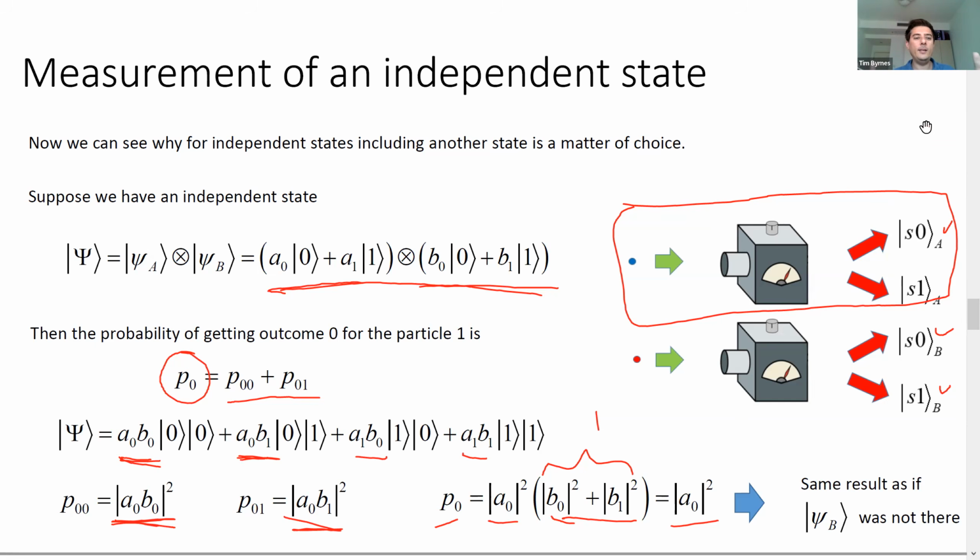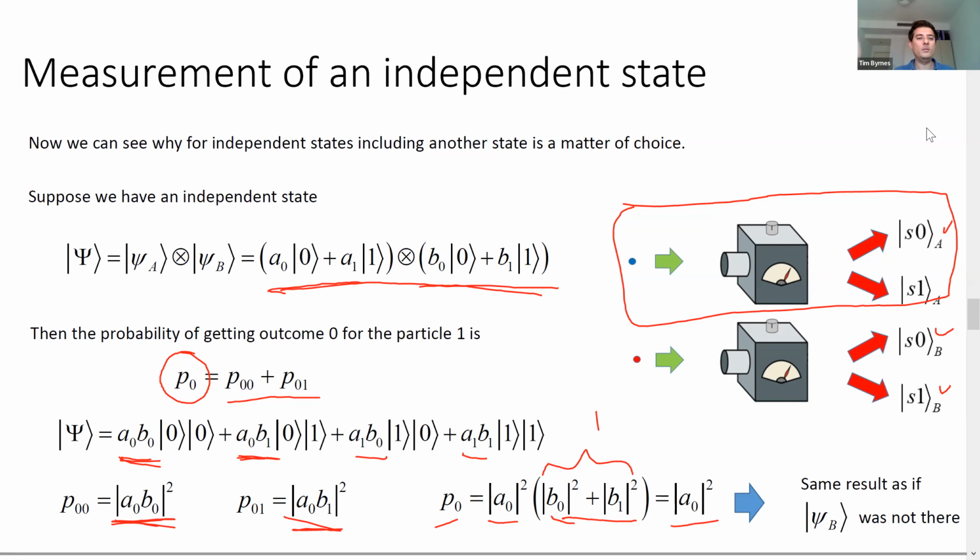And the reason why you don't have to do that each time is basically because of this property that if you have an independent state, it doesn't matter whether you have it there or not. So you can have the wave function of Jupiter here, and it wouldn't really matter that you had it, because what's happening on Jupiter doesn't really affect what you're doing in your lab here on Earth.